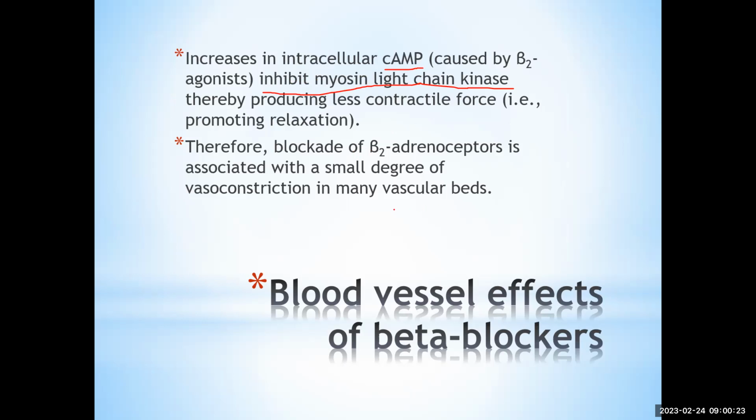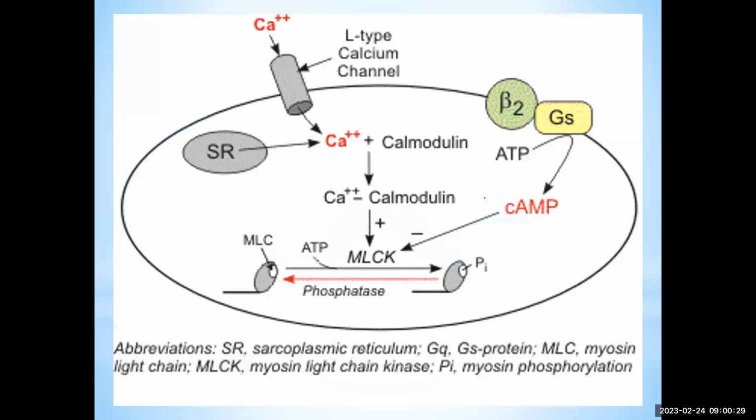Therefore, the drop in blood pressure is much greater than any potential rise in blood pressure with beta blockers. And this shows you the cell biology, essentially, of smooth muscle, where activation of the beta 2 adrenergic receptors also activates cyclic AMP production, but in this case, you're promoting relaxation because you're inhibiting myosin light chain kinase.